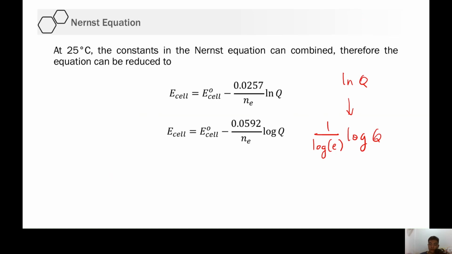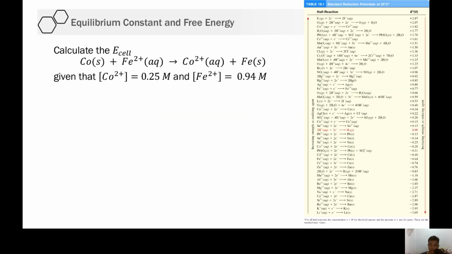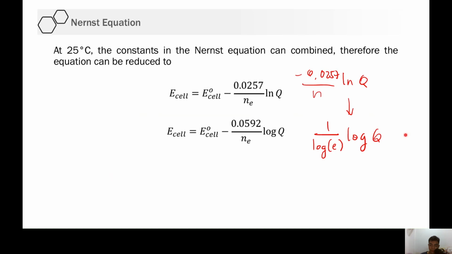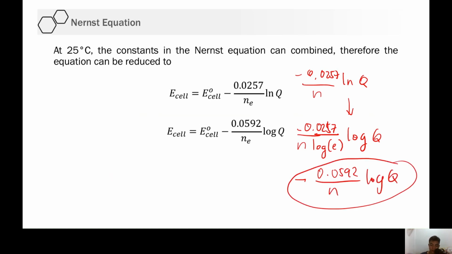So if I have 0.0257 over n, then to get the log version, that is just 0.0257 over n log e. Log e is a constant. If you plug this into your calculator, this will become 0.0592 over n log Q. And that is how we ended up with this one.